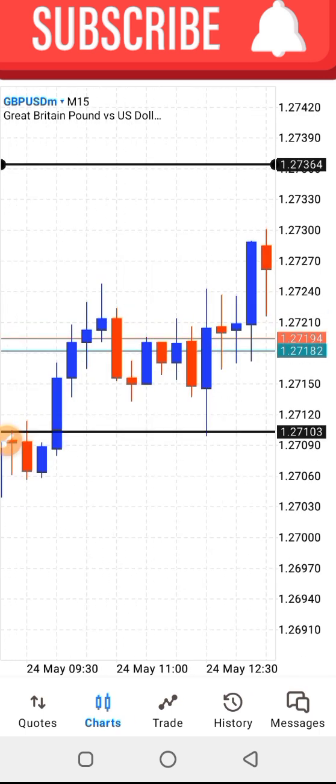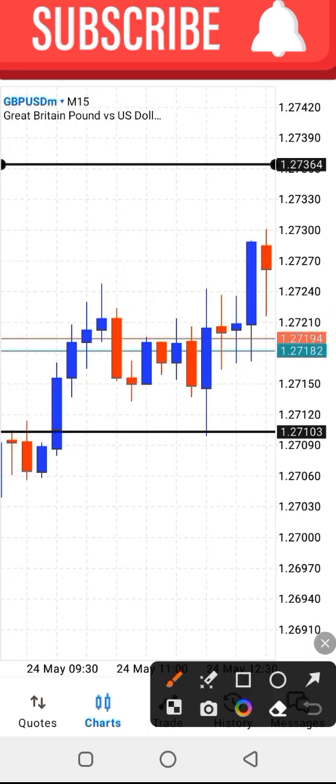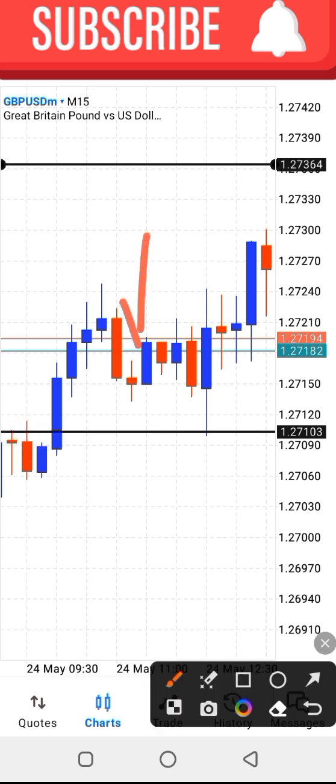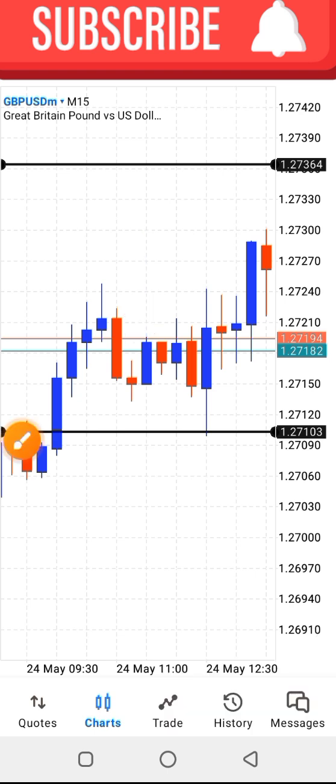If you tried to enter here, you can see we had two candles in the opposite direction. Once it gave us this blue candle right here, I would have entered, stop loss about 10 pips. So let's say I entered here. Let me see if I would have been taken out.